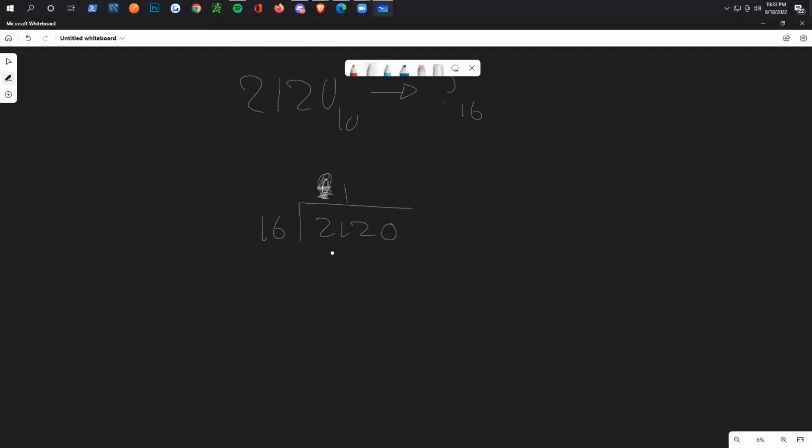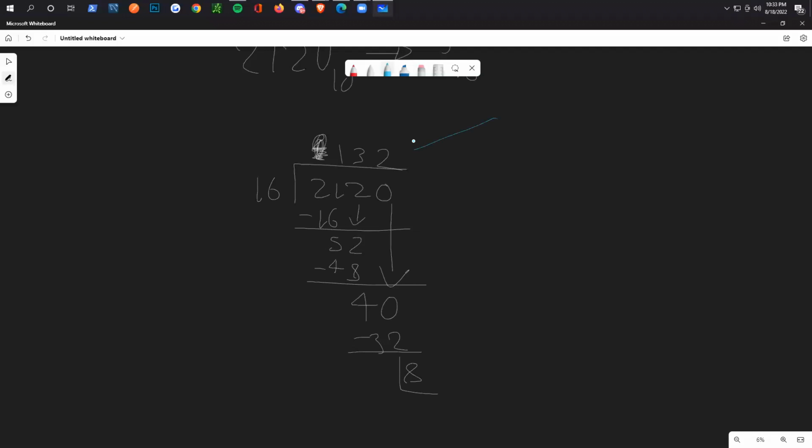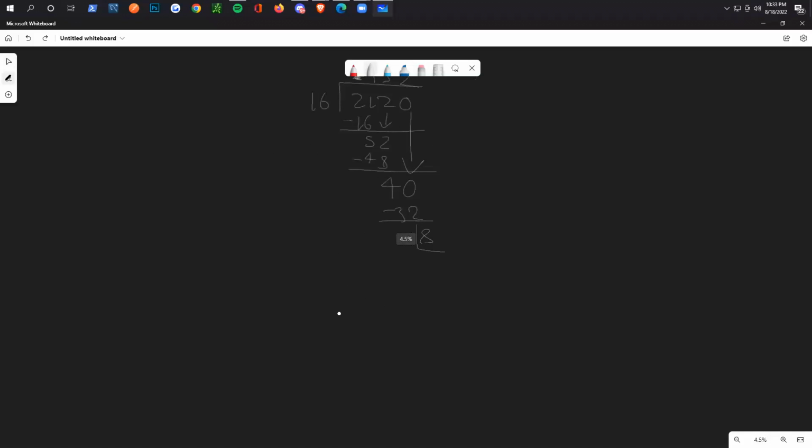So we're just going to do 1, 5, 2. It goes in 3 times, so that's 48. Then we get 4. And that goes in 2 times, which is 32, 8. So we have a remainder of 8. And this is non-zero, so we're going to do the same thing.